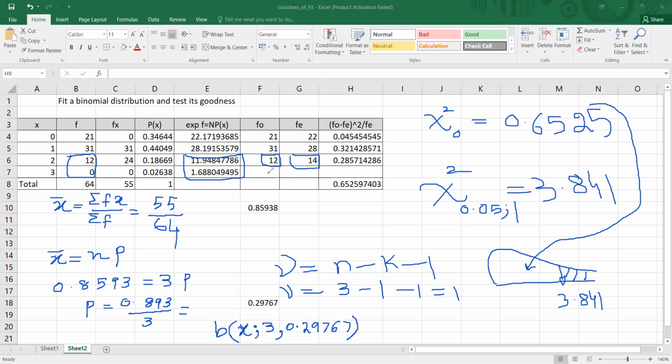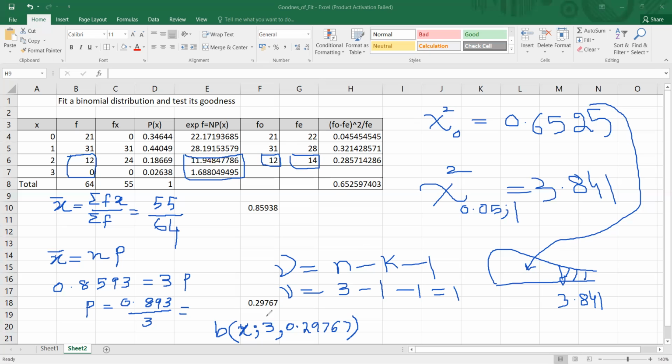The effect is that, instead of four cells in the calculation of chi-square, I have only three cells. That is one less than the actual number. Three is the number of cells used here.